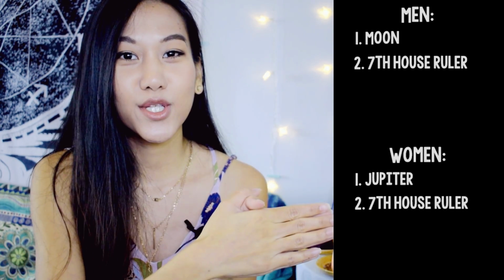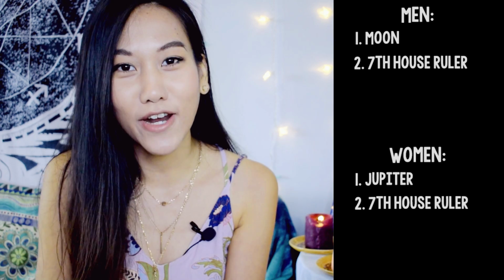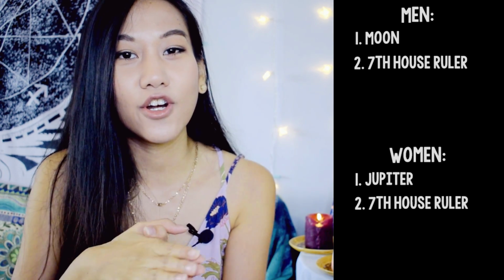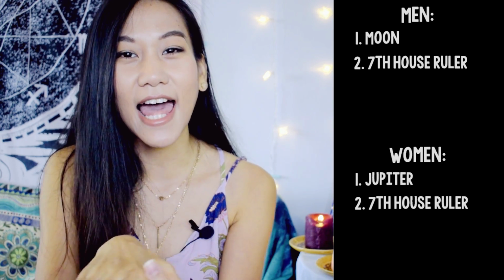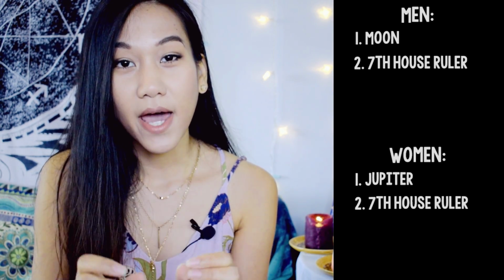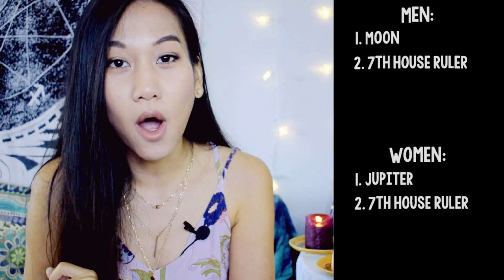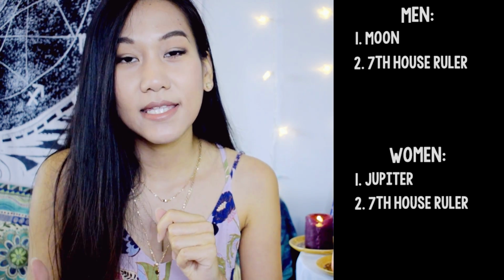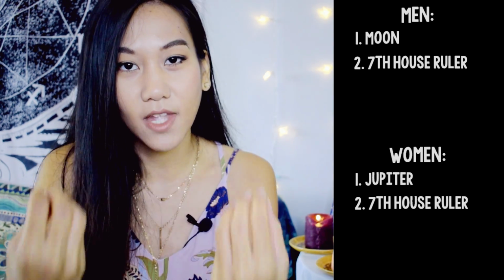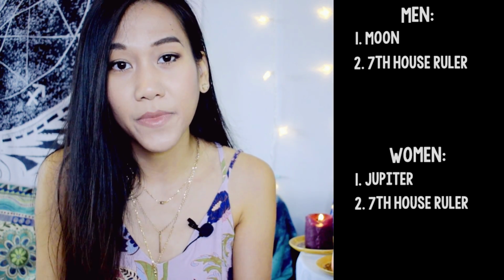The sign on the 7th house shows characteristics and traits about yourself that you've repressed into your unconscious because it wasn't allowed to be shown in the society that you grew up in. But it is very much a part of who you are. And when you meet somebody who has traits of your 7th house, they help to bring that unconscious side out of you, and you become more whole.